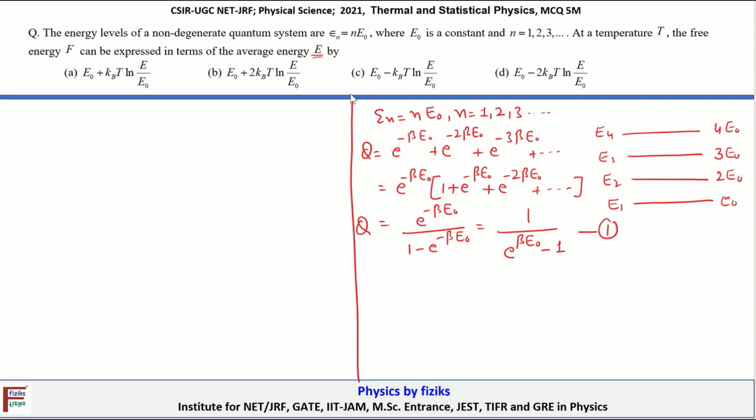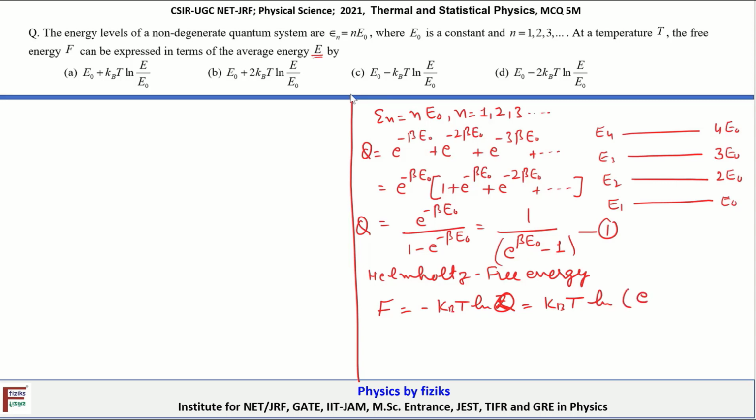Now the Helmholtz free energy, which is F, is equal to minus kT ln Z. Or ln Q, because we are writing it as Q, not Z. So that is equal to minus of ln of the term in the denominator in this expression, and minus minus will become plus, so kT ln of exponential beta E0 minus 1.